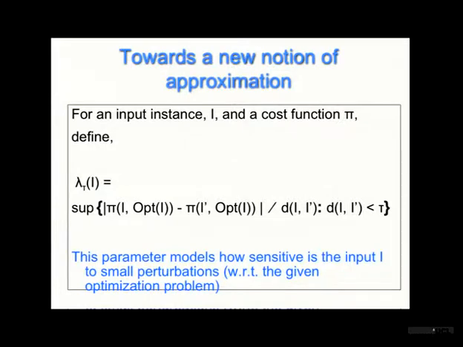I want the dependence of the quality of the solution on small perturbations to not be dramatic, and I only care about instances which are in the theta neighborhood of I. So there is another parameter here, this theta parameter, which says I only look at instances which are in the theta neighborhood of I, and for those instances, I want that a solution that was good for I will not be too bad for I prime.